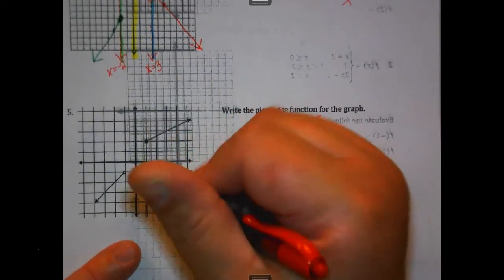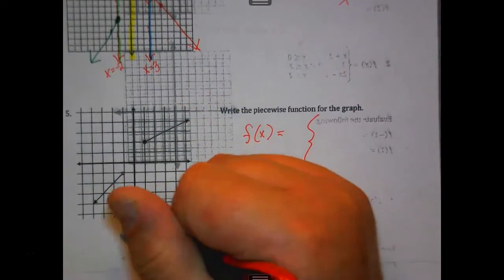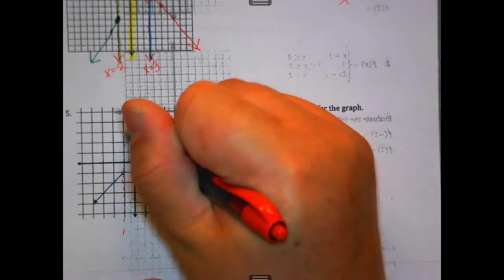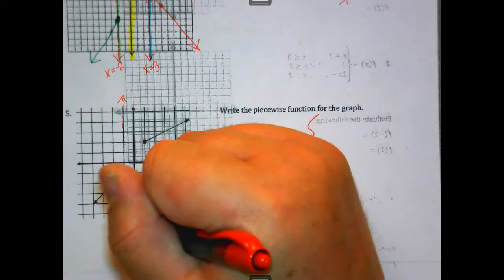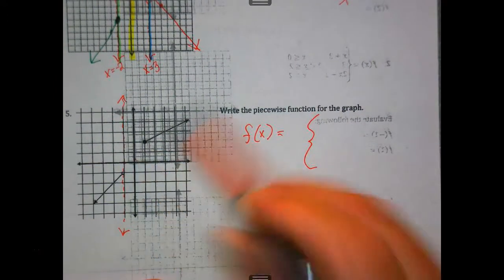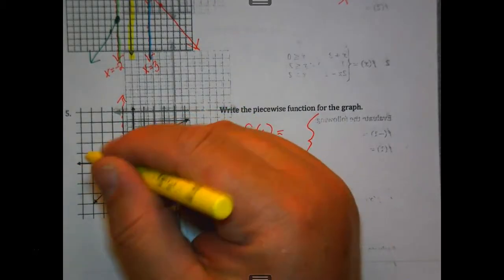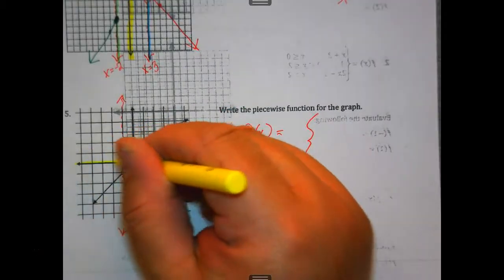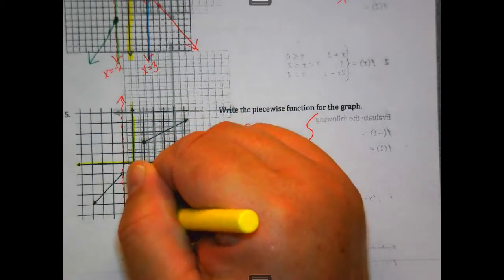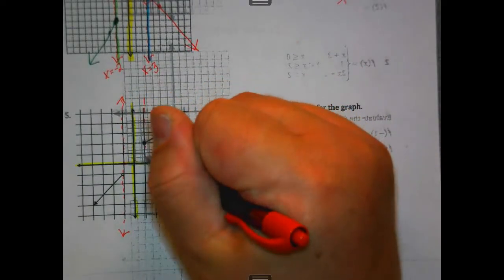Okay, what are our boundary lines here? Looks like there's one here. Right? What's the equation of this line? Negative 1, right? Here's my axis. And I have another boundary line here.